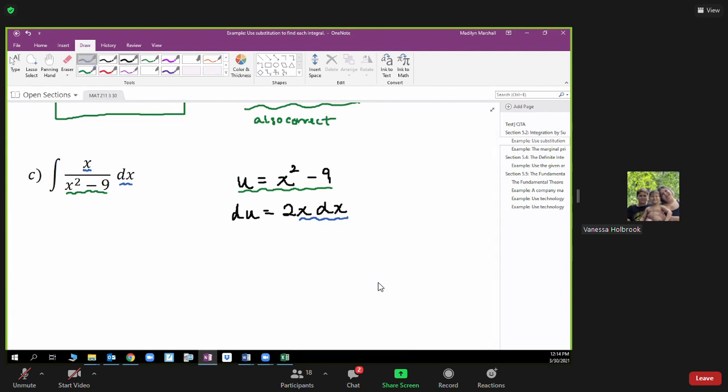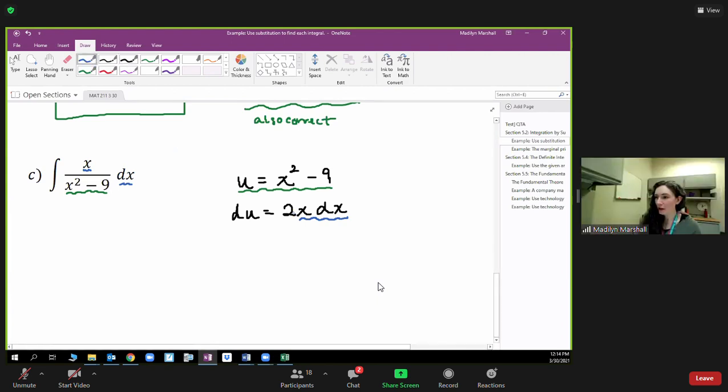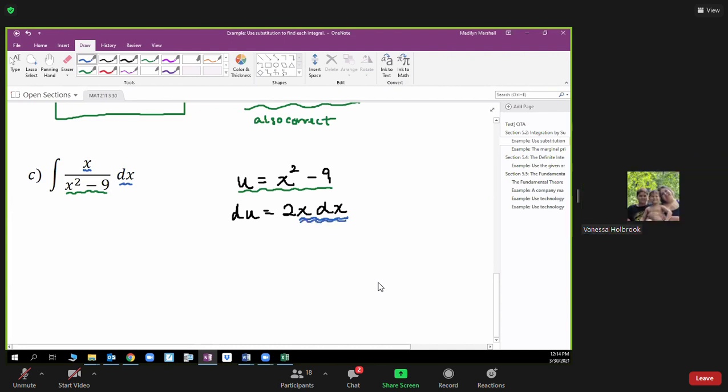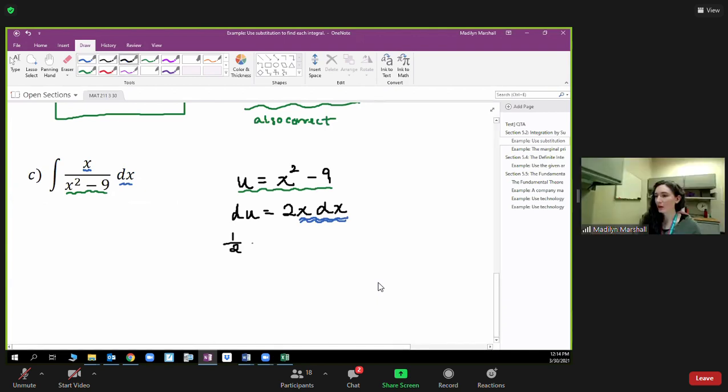Oh, that's right. Right now we have 2x dx on one side and we want only x dx because that's the stuff that's actually in the integral. So we actually have 1/2 du equals x dx.